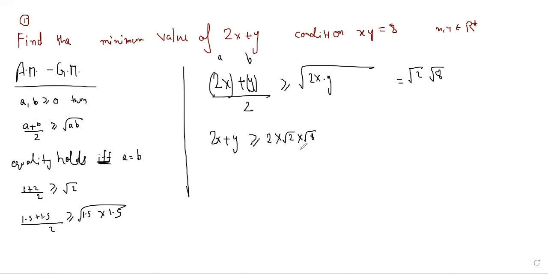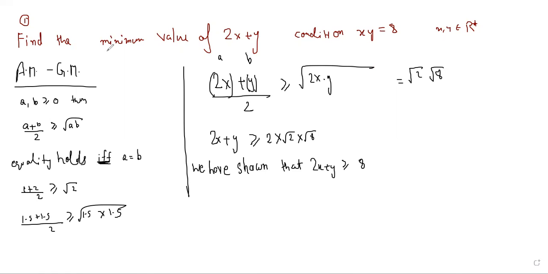But now from here, what have we proved? Let me write this. We have shown that 2x plus y is bigger than or equal to... how much will this be? What's the right hand side? Can you tell me? It's 8. Yes, so you have shown this.